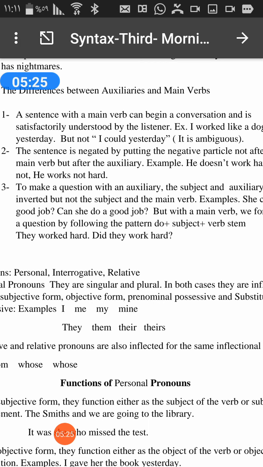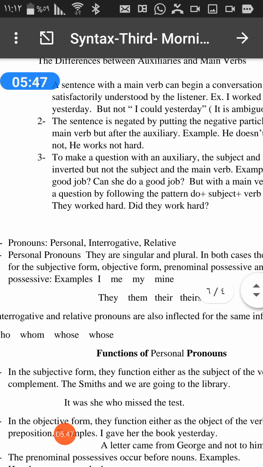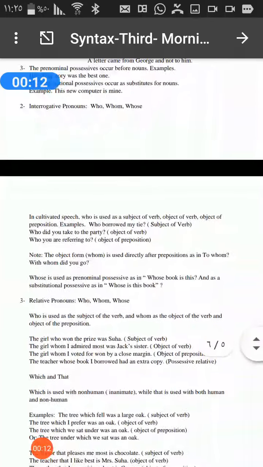We can put not after an auxiliary but we cannot put not after a main verb. And the third difference is that in yes no questions, in order to make a question we can only move an auxiliary before the subject, but the main verb cannot be put before the subject in yes no questions. This is the last point.